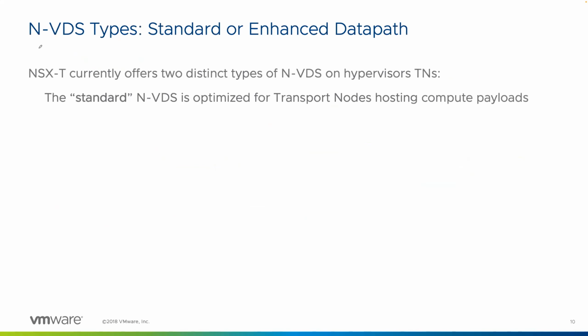So for NVDS, for this type of virtual switch, or just VDS with NSX, we have two types of virtual switch. Commonly, we use the standard type. There's another one, the enhanced data path type.